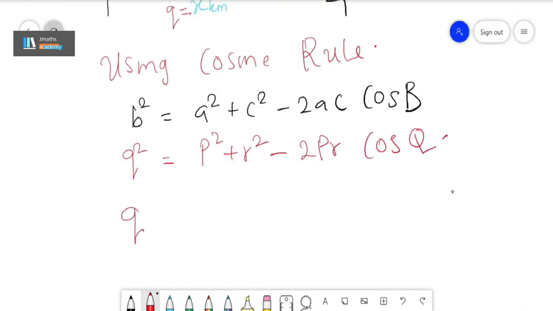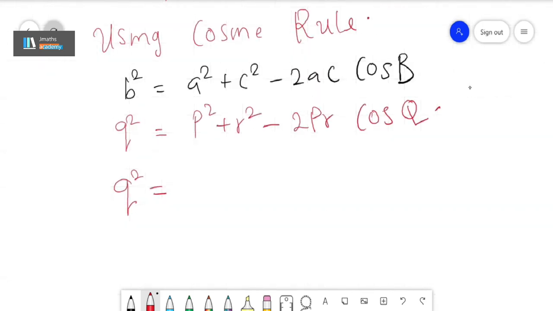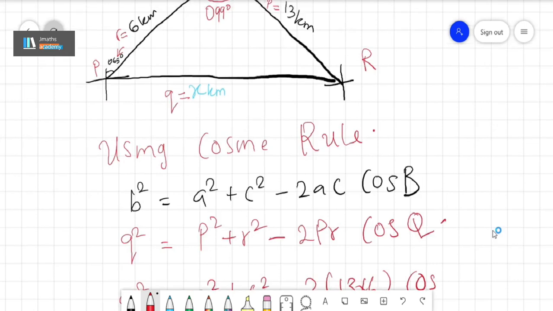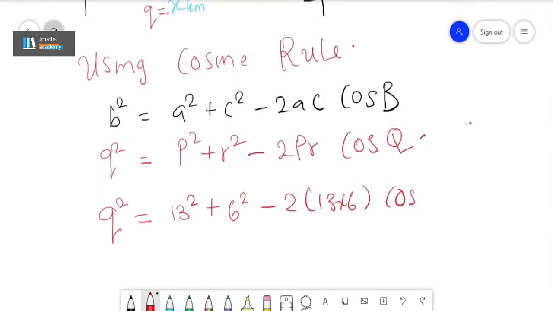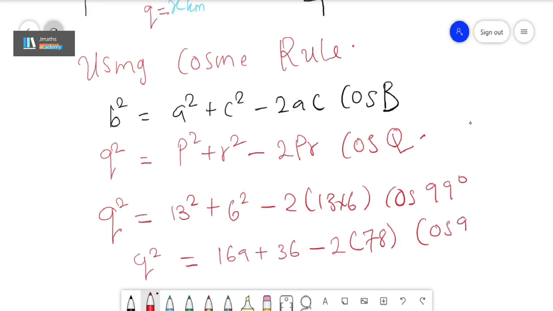So to find q squared, p squared is 13 squared plus r squared is 6 squared minus 2 times 13 times 6 cos Q, which on our diagram is 99 degrees, cos 99 degrees. So we have our q squared to be equal to 169 plus 36 minus 2 into bracket 78 cos 99 degrees.